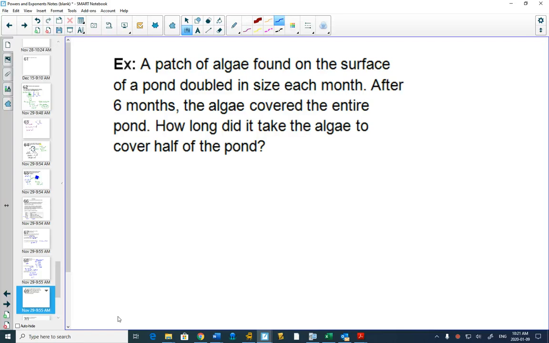All right, our next biology example. A patch of algae is found on the surface of a pond, and it doubled in size each month. After 6 months, the algae covered the entire pond.